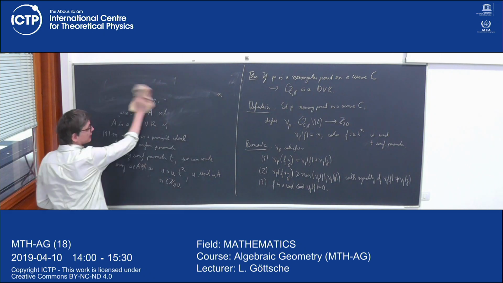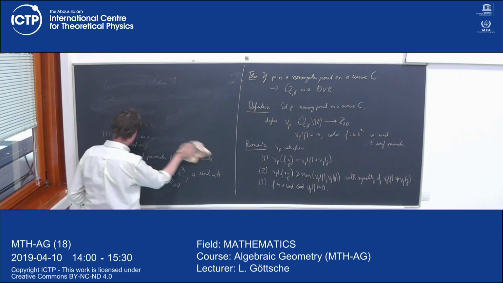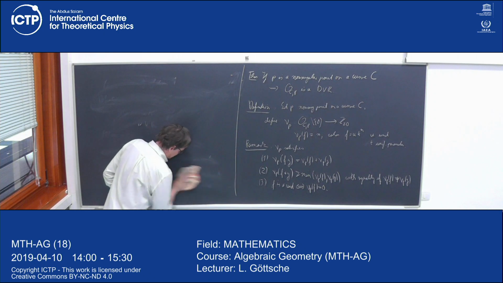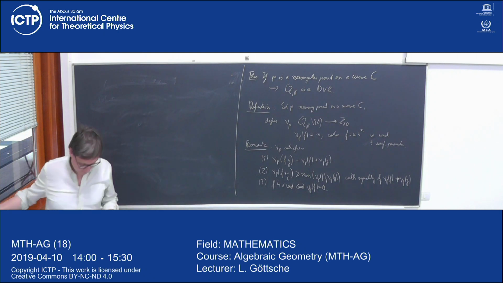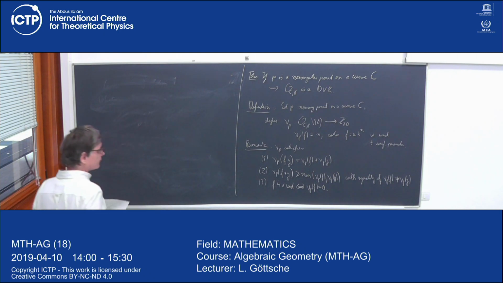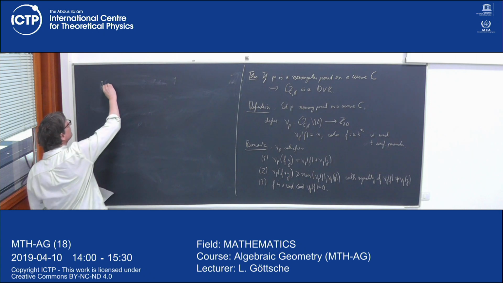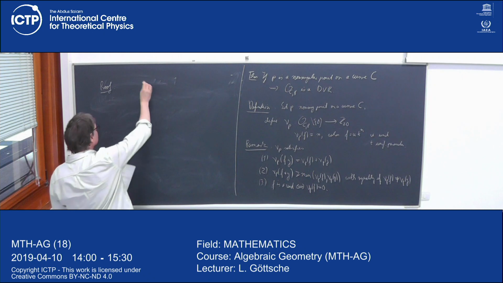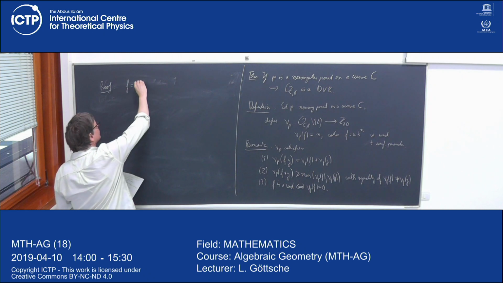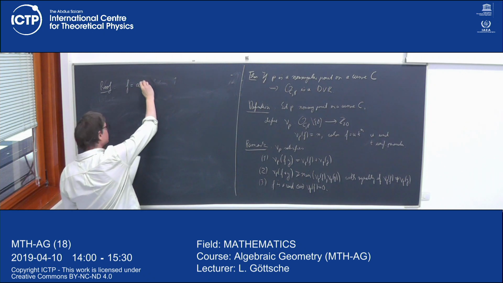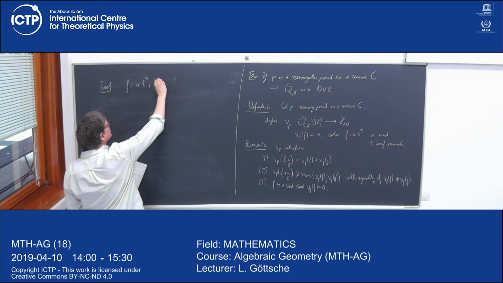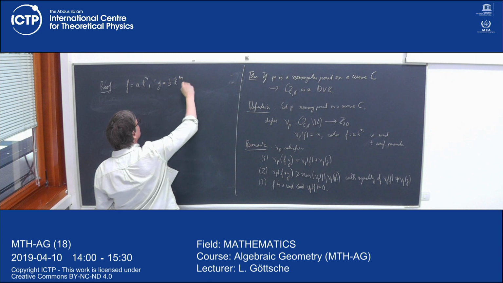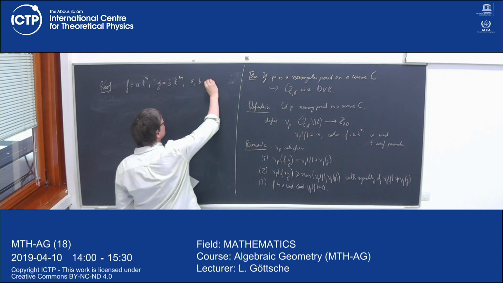So let me check these properties. Let's prove that. So I put f equal to a times t to the n, g equal to b times t to the m, where a and b are units.